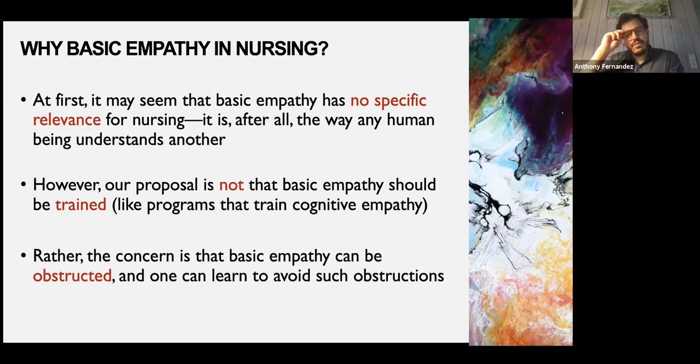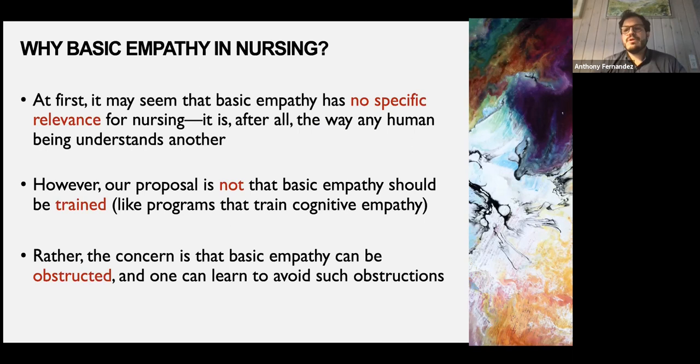So I'll just go over this briefly, and we can spend some more time in the Q&A on this. I also have some further reading on the final slide if you want to look into any of this in more detail. But we actually don't argue that basic empathy is the kind of thing that can be trained, or even should be trained if it could be. We do think that cognitive empathy can be trained.